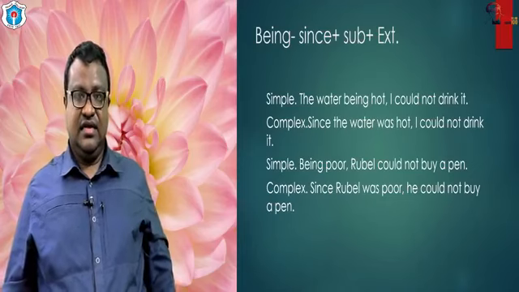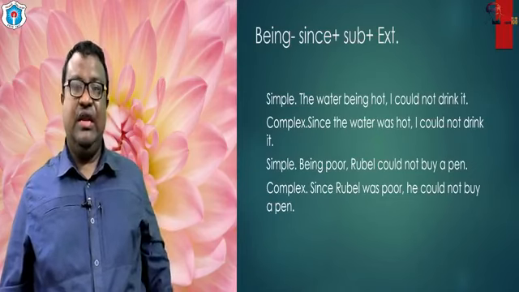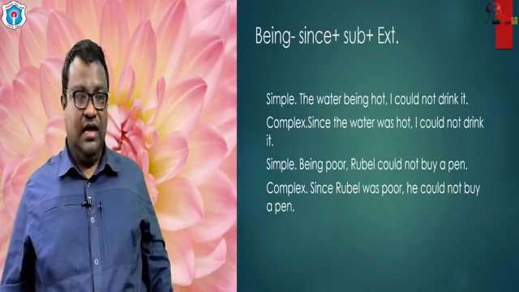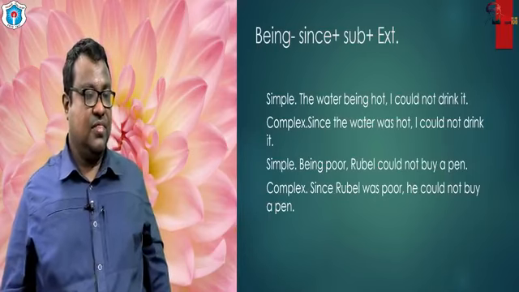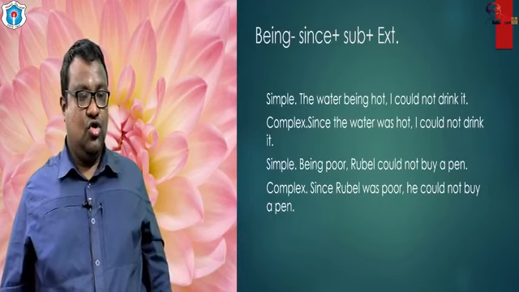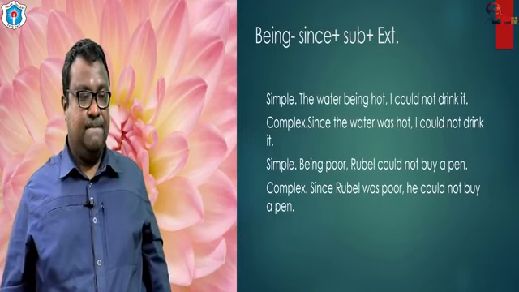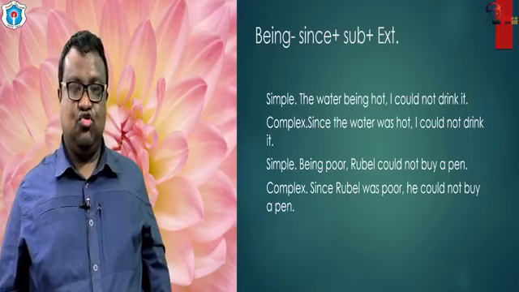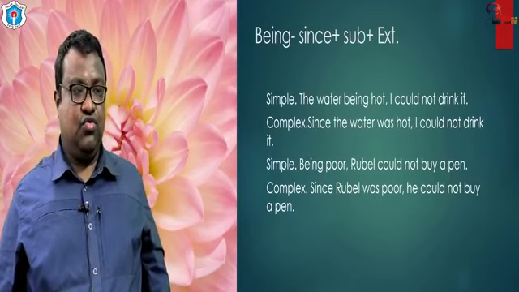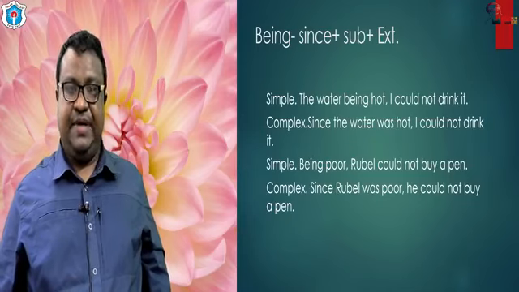Then the extension part will remain the same. Let's think about the second example, where we see, being poor, Rubel could not buy a pen. It is, since Rubel was poor, he could not buy a pen.